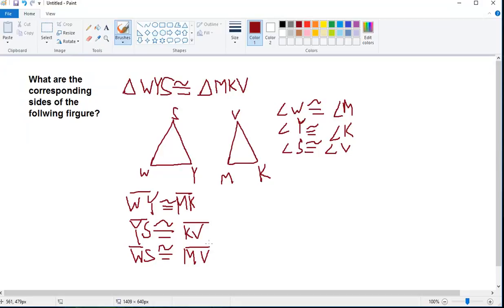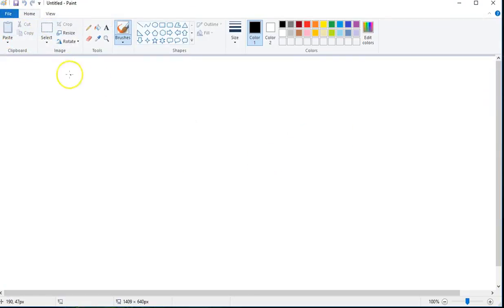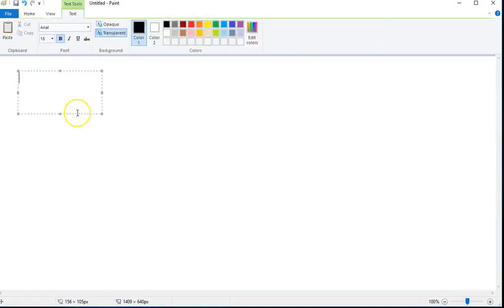Now, when we're given these kind of things, we could figure out a lot of other stuff. So I'm going to skip ahead, and we're going to go onto page 220. So right now, we're on page 220 in the textbook, and we're going to talk about what's called the third angles theorem.